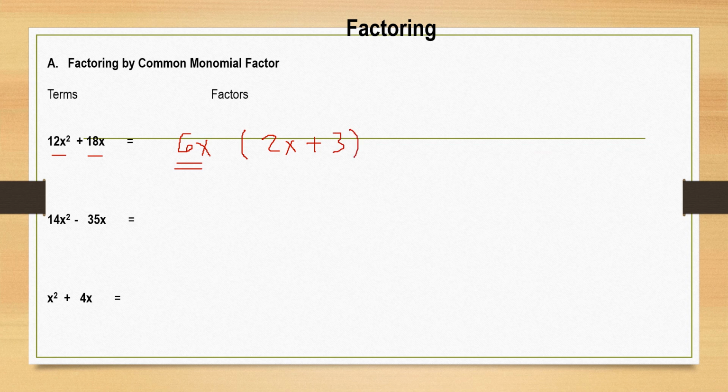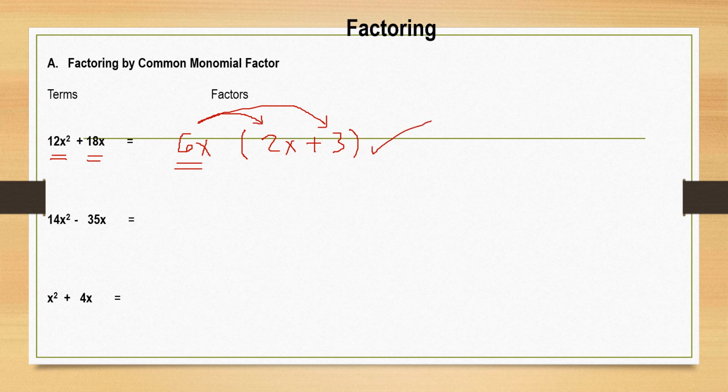Now the answer is 6x times quantity 2x plus 3. You can check your answer by applying distributive property. 6x times 2x is equal to 12x squared. 6x times 3 is equal to 18x. So our answer is correct.